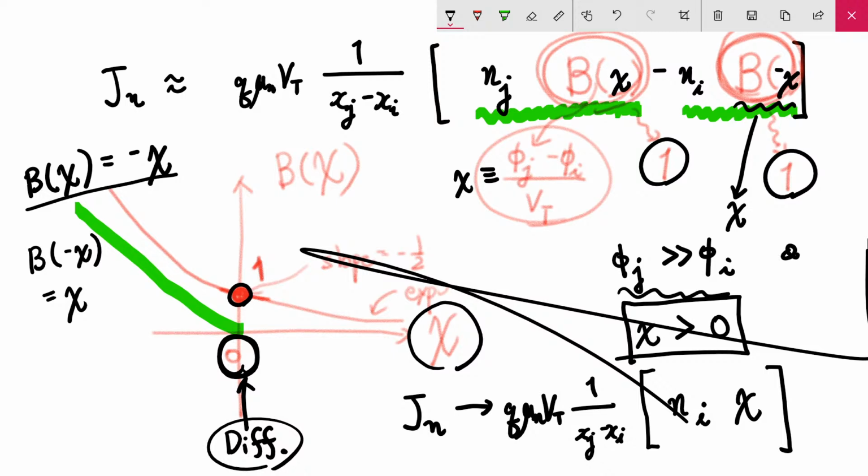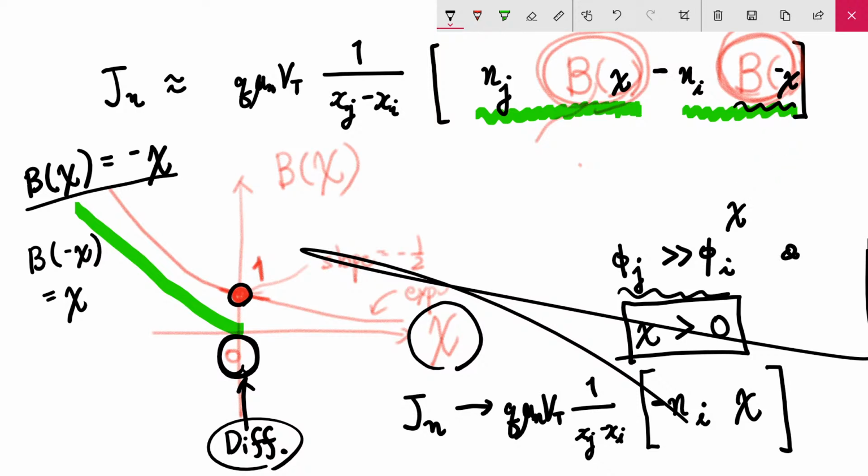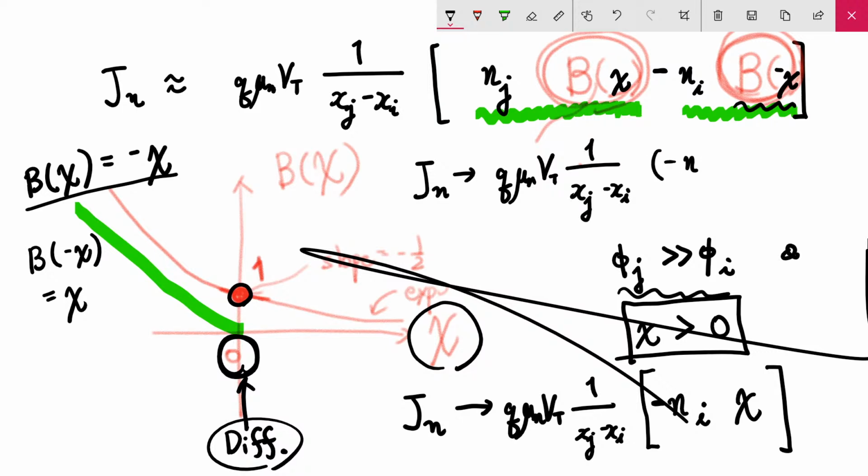Here this one will approach chi, so here we have a negative sign, so I have to say once again a negative sign. Then let me collect all of this information. It will approach q mu n V t, 1 over x j minus x i, and minus n i.